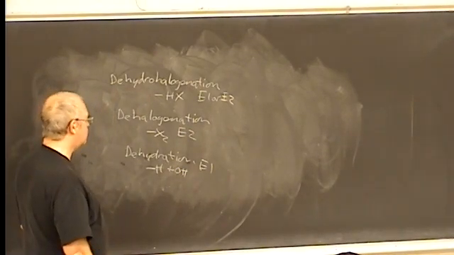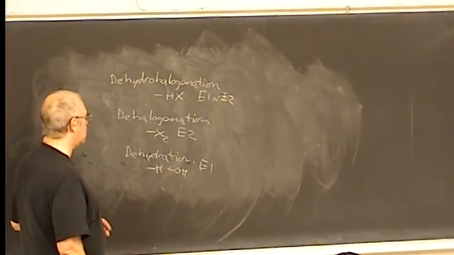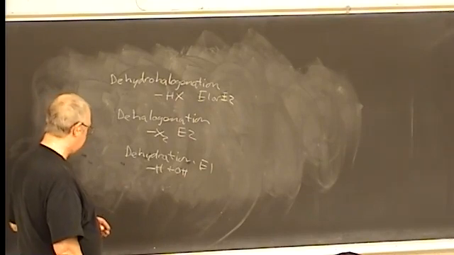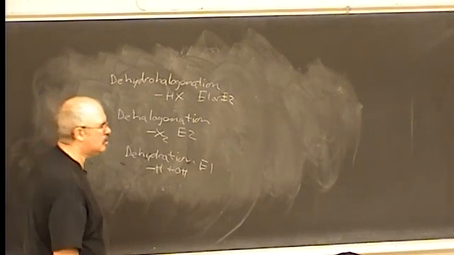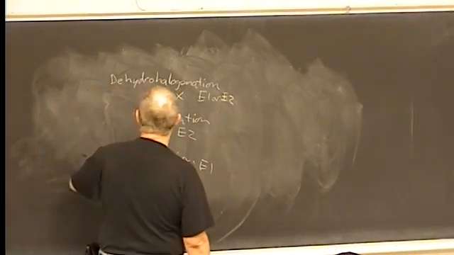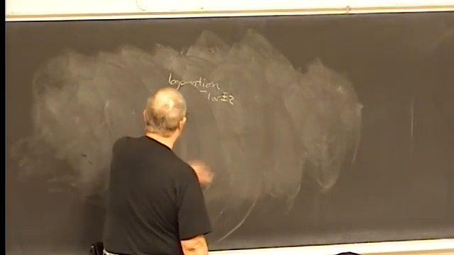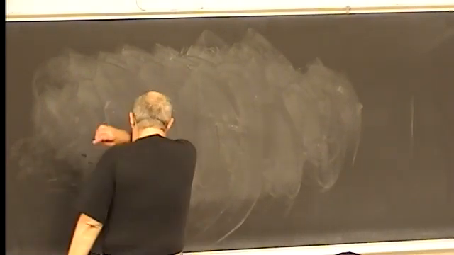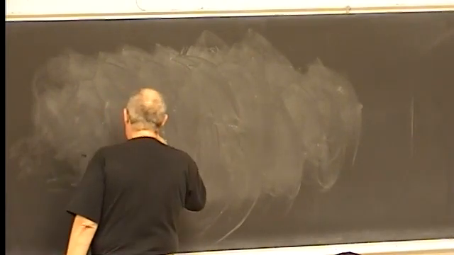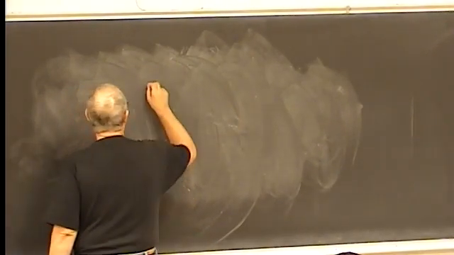All right, so these elimination reactions are going to produce an alkene. Okay, unlike substitution, which can produce a variety of different functional groups. All right, let's look at E1 first.